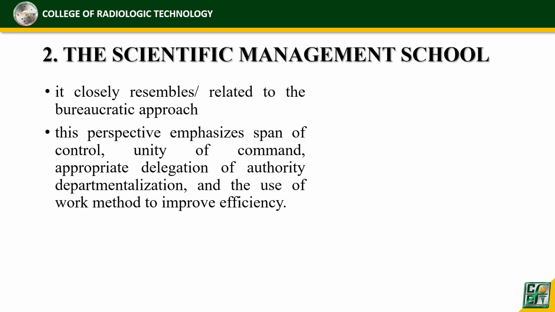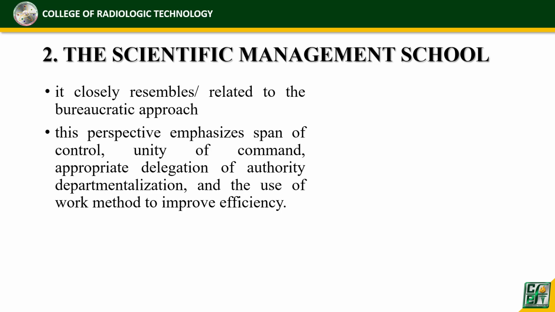Okay. Example nito, halimbawa, sa isang factory, in order to produce 100 products, kailangan mo ng, let's say, 75 workers. Ang scientific management school, ang gagawin niya, bibili siya ng machine, mag-employ lang siya ng 10 workers na mag-ooperate ng machine.